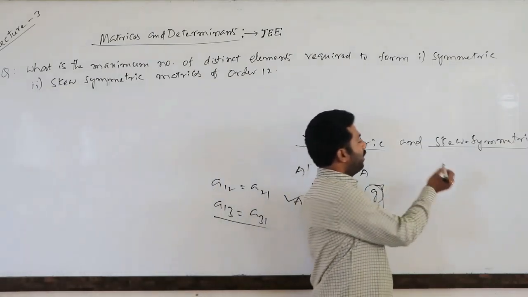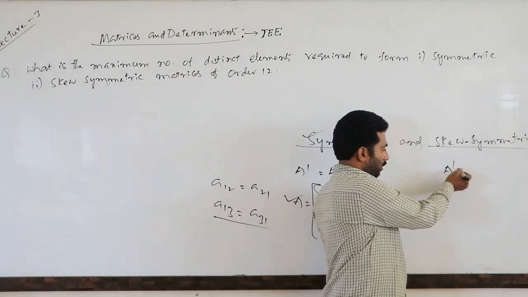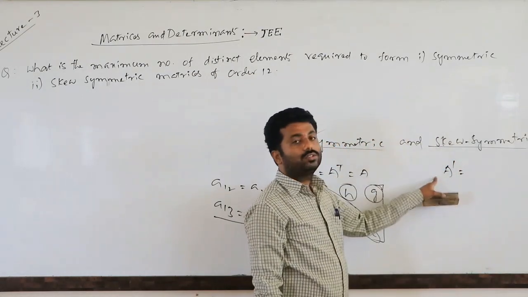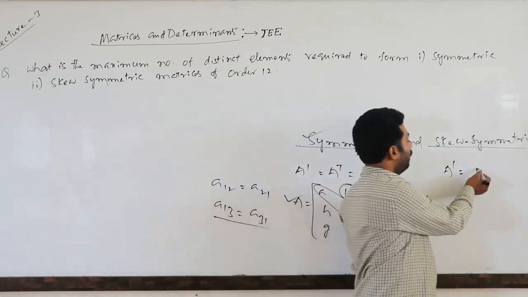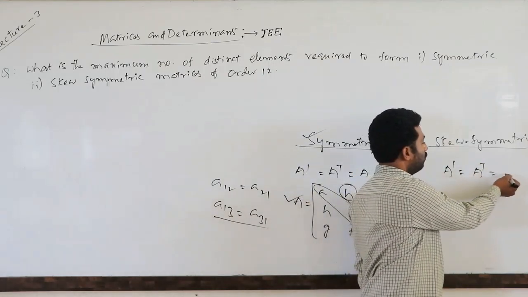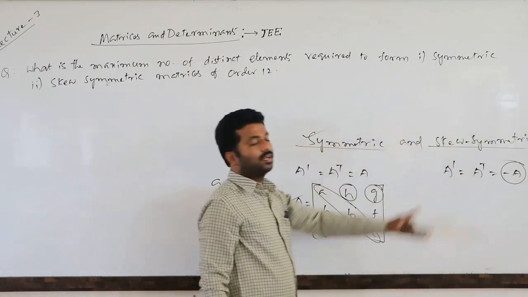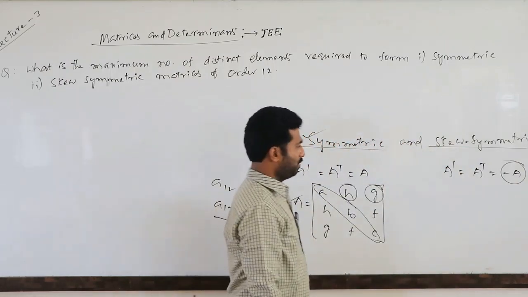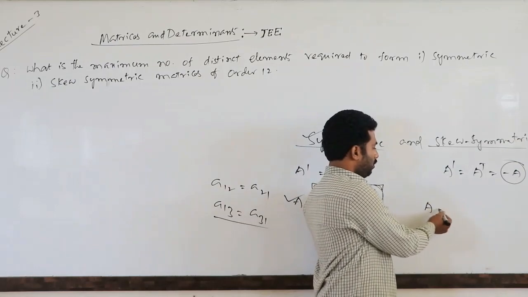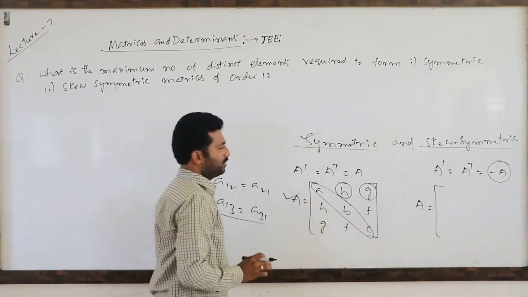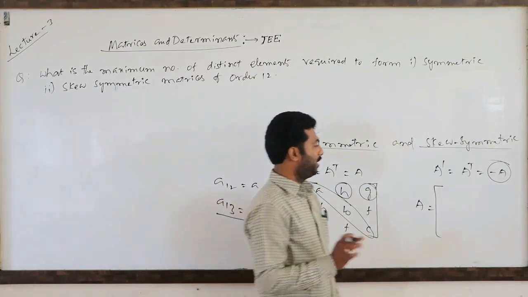Then the skew symmetric matrix. A square matrix capital A is said to be a skew symmetric matrix if A dash or A transpose equals minus A. Such types of matrices are called skew symmetric matrices. In skew symmetric matrices, there are some ways to identify whether it is skew symmetric or not.